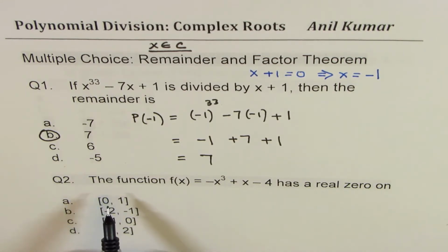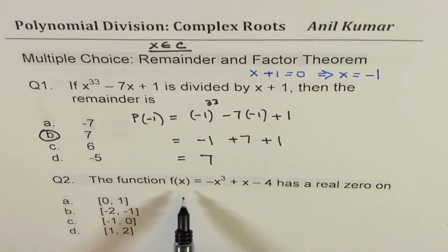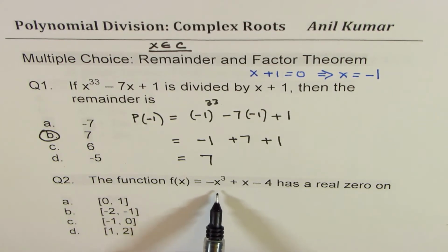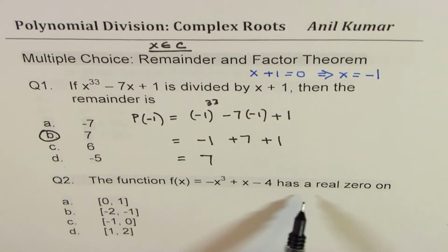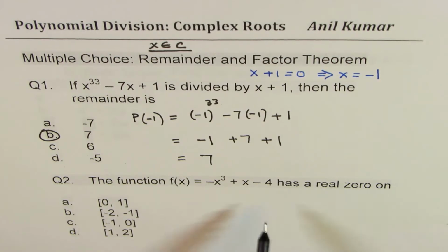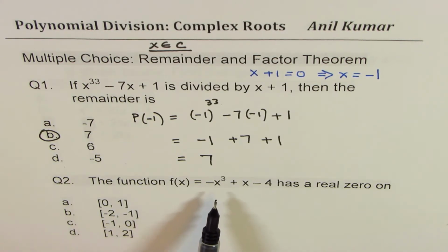Question number 2. The function f of x equals minus x cubed plus x minus 4 has a real 0 on which interval? We are given 4 different intervals. We need to find where the real 0 is.